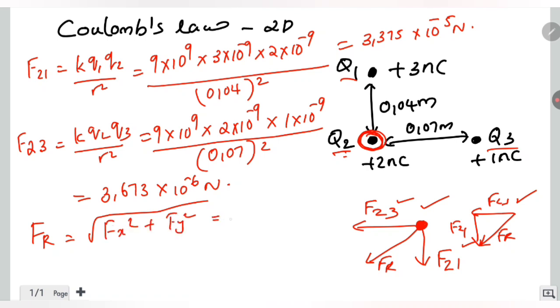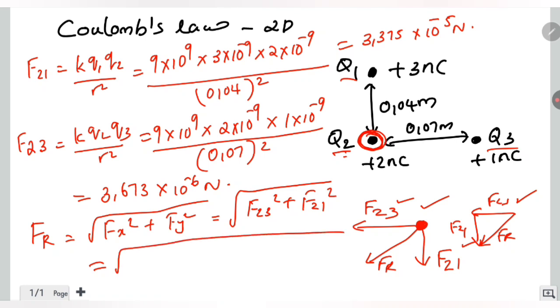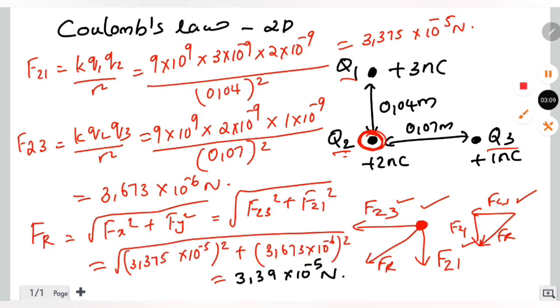So when you look at our context now, Fx is F23 squared plus F21 squared. Then substitute the values and you will get your answer. Okay. So this is the final answer, 3.39 times 10 to the power of minus 5. So this answer is the magnitude.